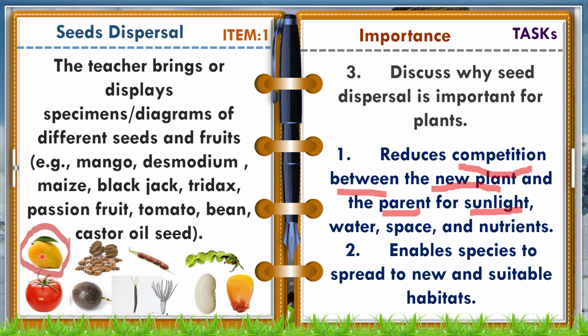When it turns into a new plant, it will be far away from the parent, and therefore there will not be competition for sunlight. Secondly, they will not compete for water, they will not compete for space, and they will not compete for nutrients.